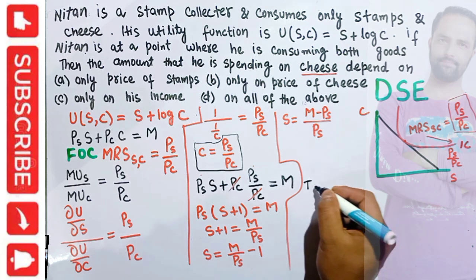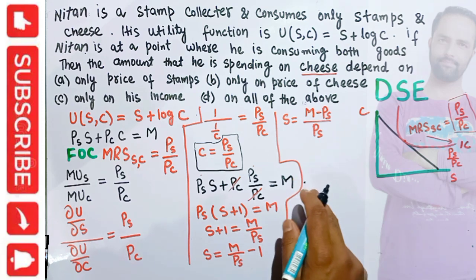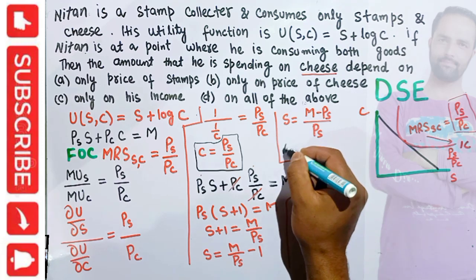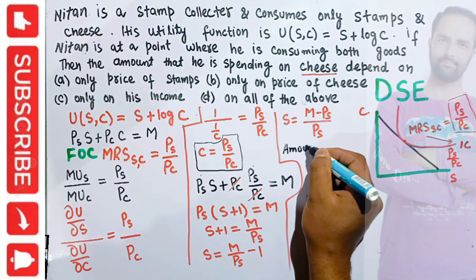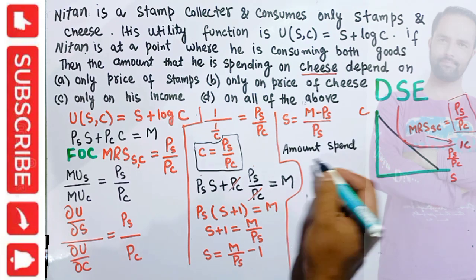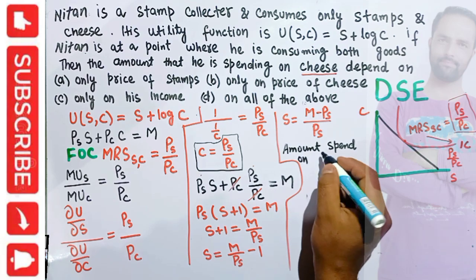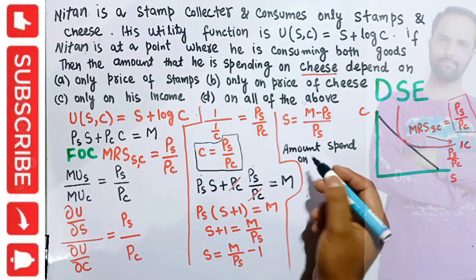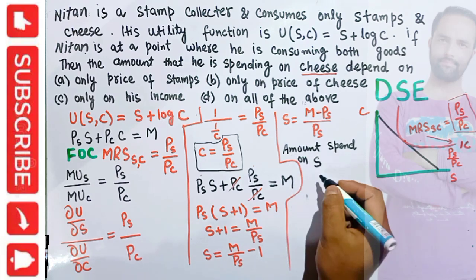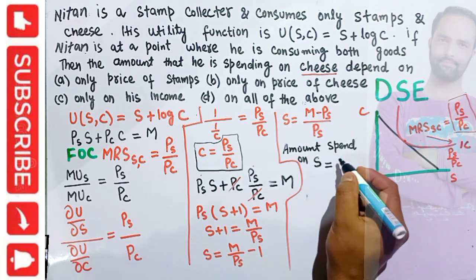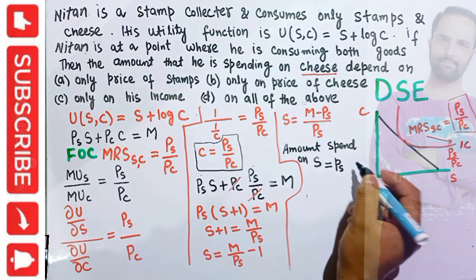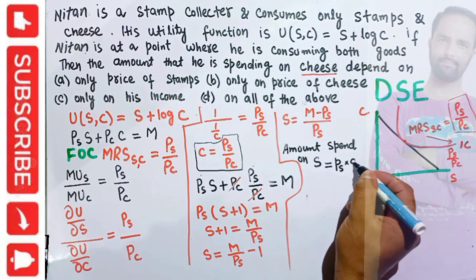Now the total expenditure, or simply the amount spent on s, that is stamps, or total expenditure on stamps, will be equal to the price of stamps into units of stamps. Simple thing.